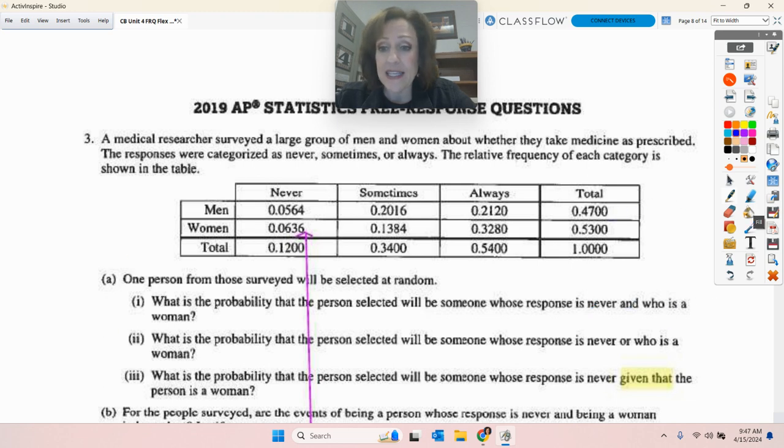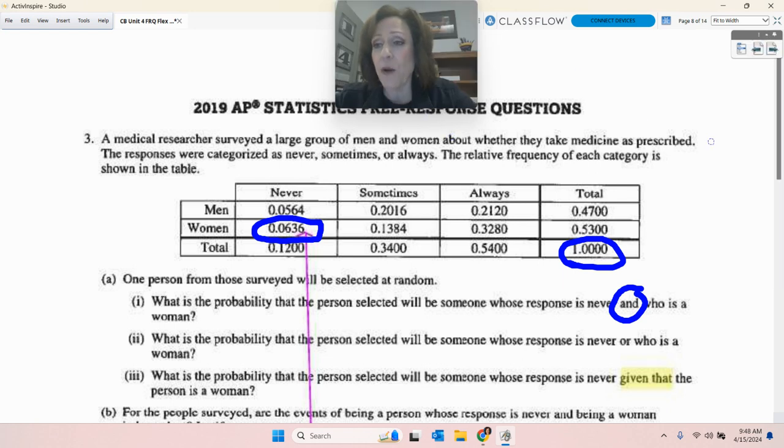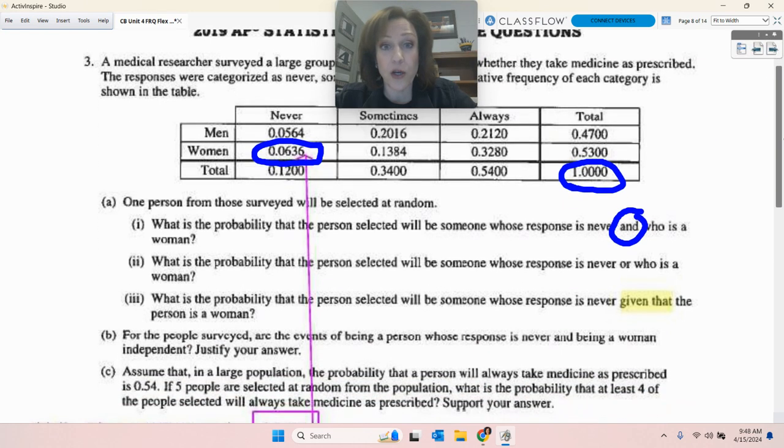So that is the intersection. So out of all of the people, so out of 100%, who were never and a woman. And so that is the only problem. Part 1 was the only one where you did not require work to be shown. You could just put the answer 0.0636.